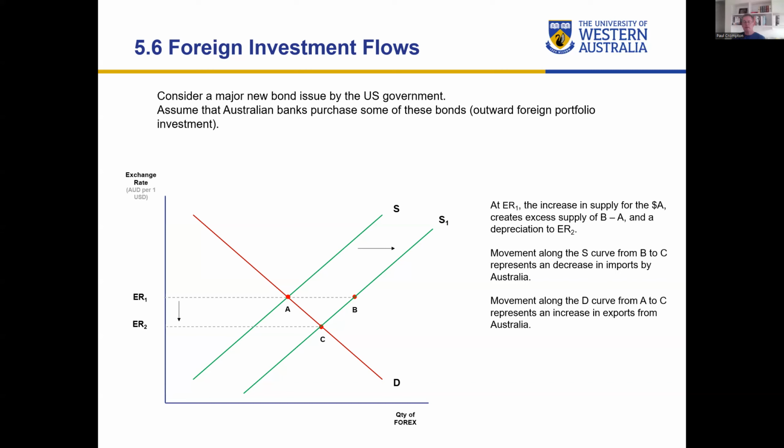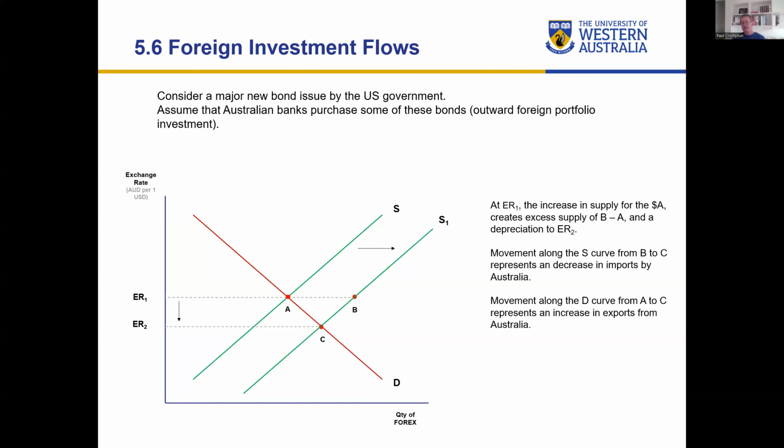Okay, so we've got Australian banks purchasing more foreign bonds. In response to that, the exchange rate goes down. Foreigners buy more Australian exports and maybe some additional Australian assets. And then from B to C, that's Australia cutting back the amount of imports from foreign countries that they purchase.